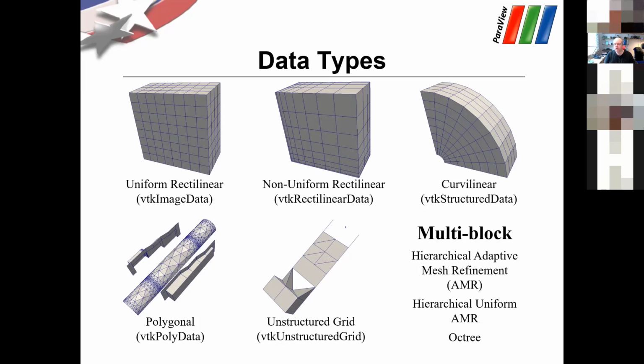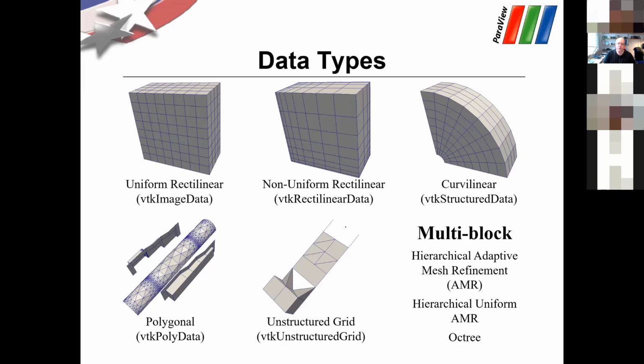There is also curvilinear data. And you have polygonal data, which is polygons connected together, either quads or triangles, to form a mesh, which you can then put data in. And you also have unstructured grid, which can contain any kind of cells and data combined together.